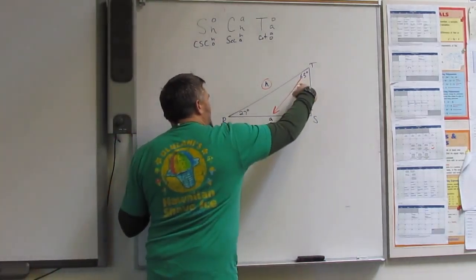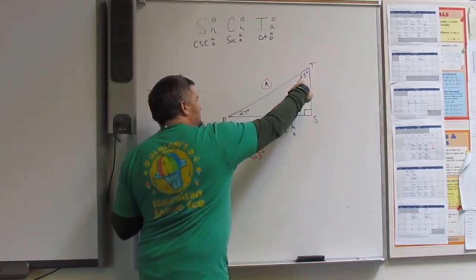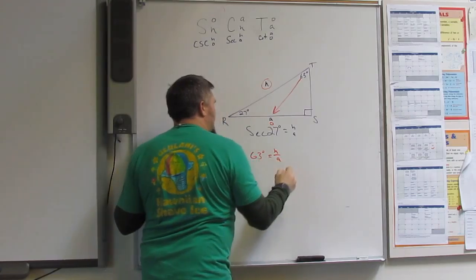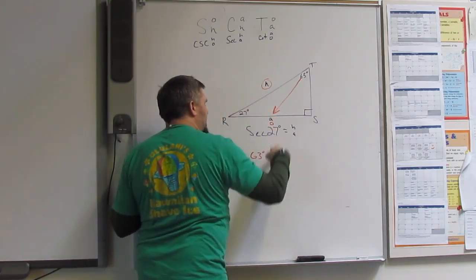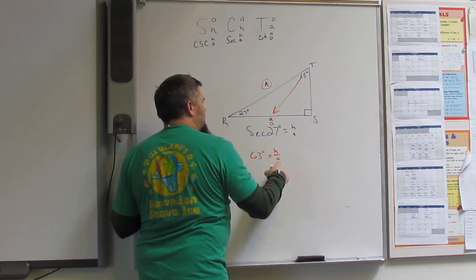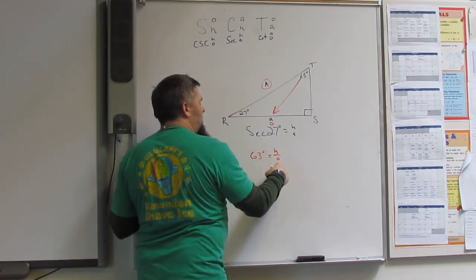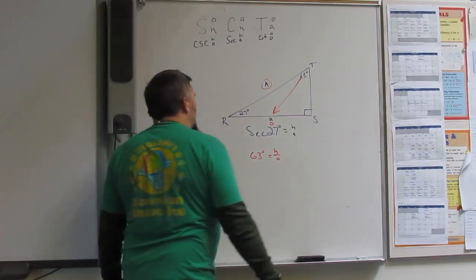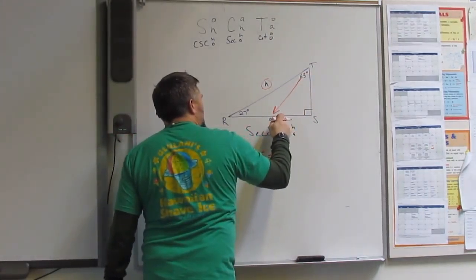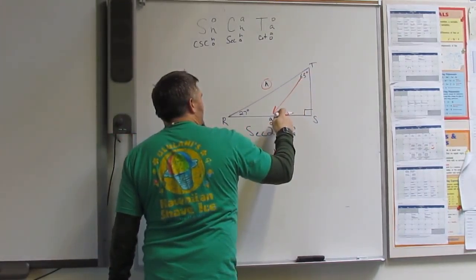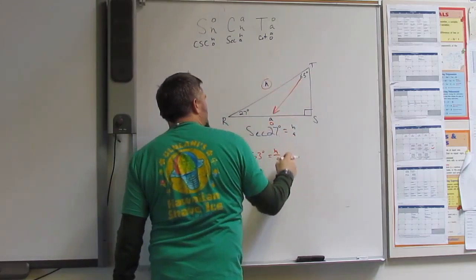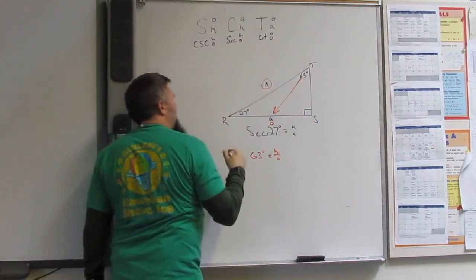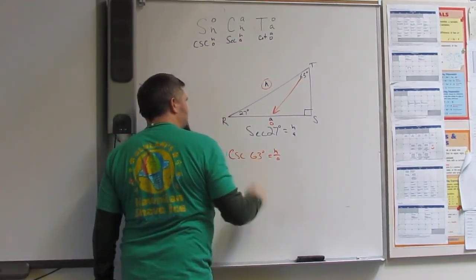So since we're talking about angle 63, we want h over o, the hypotenuse over the opposite. And if we look up here, hypotenuse over opposite would be cosecant.